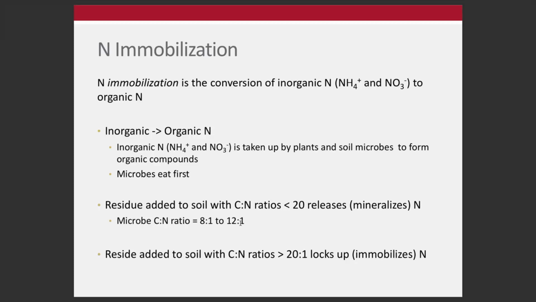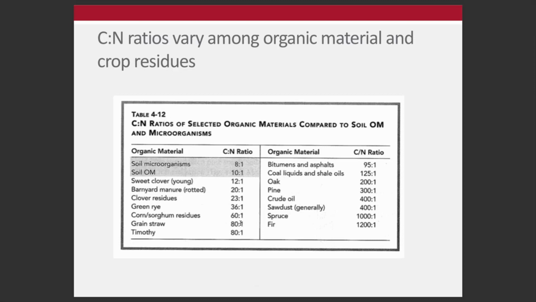So this is important when we're adding amendments, compost or some sort of organic material, a cover crop, etc., to a field, and we want to be careful about it not robbing or immobilizing nitrogen from our cash crop. Then we have to think about what the C to N ratio of that material is, and is it going to be a net immobilizer of nitrogen or a net mineralizer of nitrogen?